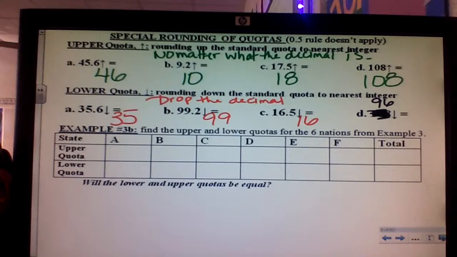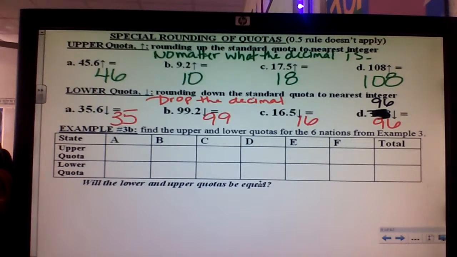And again, you've got that special case: if it's a whole number, you leave it alone. The only time it doesn't go up or down is if it is a whole number. Questions?